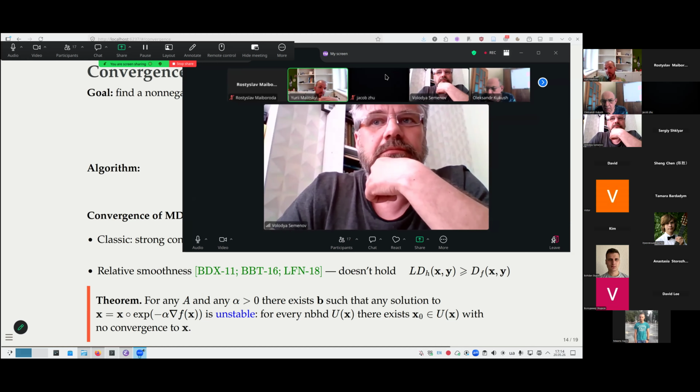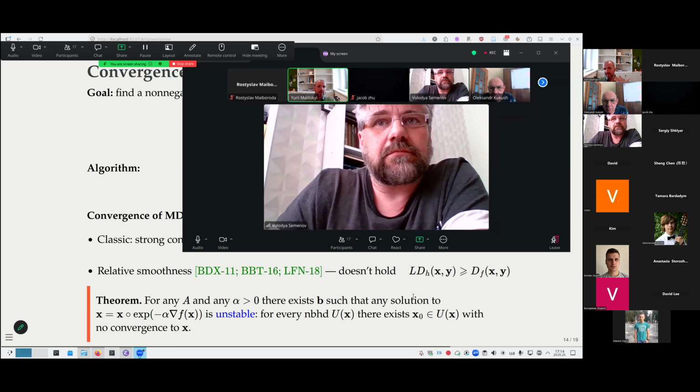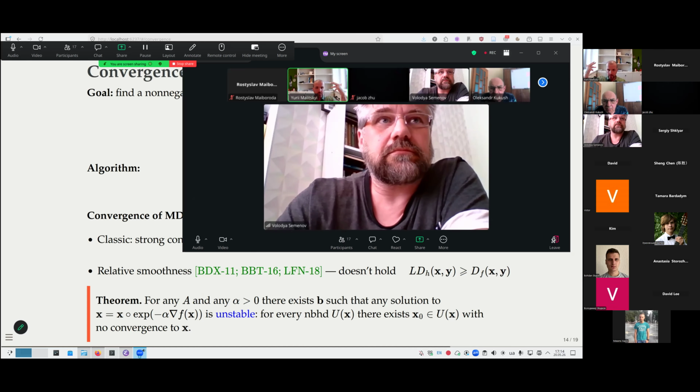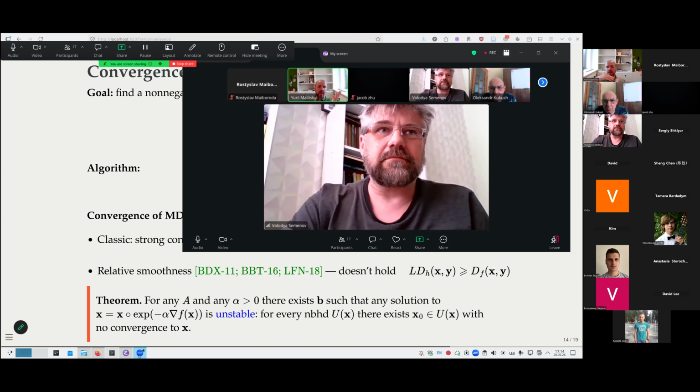If the domain is unbounded, the entropy Hessian is 1 over x, which can be arbitrarily close to 0. So Pinsker inequality does not hold. But you're right that the main idea of the proof was still a type of Pinsker inequality, one that depends on the iterate. It was essential in the proof, but with an adaptive convexity parameter.